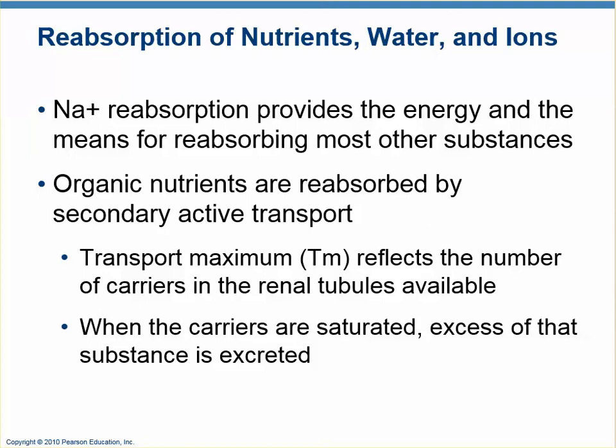So that's why people with diabetes and high blood sugars have high sugars in the filtrate. They reach their transport maximum, and the excess glucose is expelled in urine, which is why the urine is sweet, which is why it's called diabetes mellitus, which means honey pees a lot.